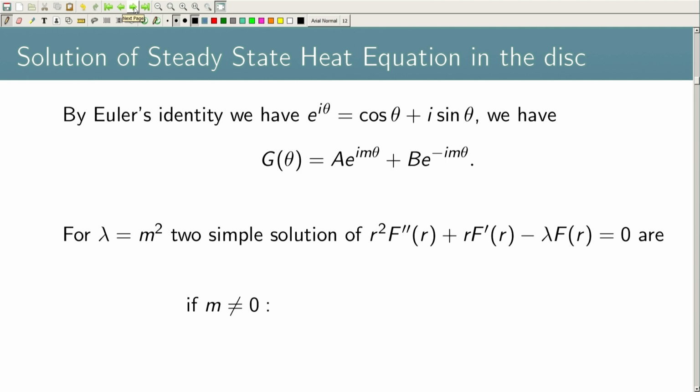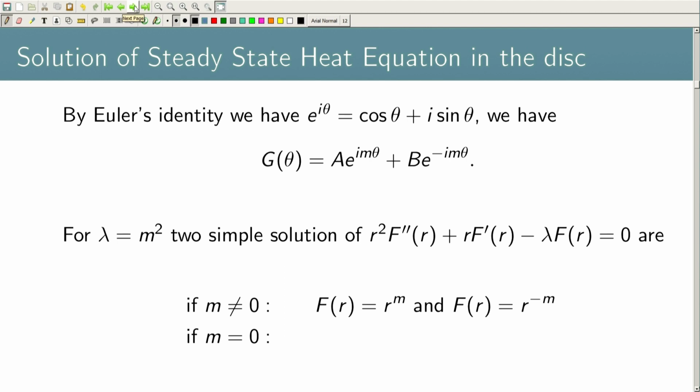Now, if m is not equal to 0, then f of r is equal to r to the power m, and f of r equal to r to the power minus m. If I plug in r to the power m, you have m into m minus 1 r to the power m minus 2; you multiply this, you get r to the power m, here you are having m, and so this is equal to 0.